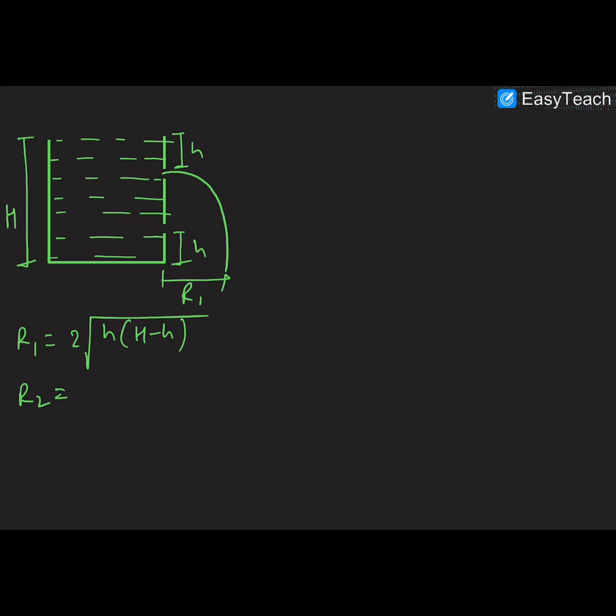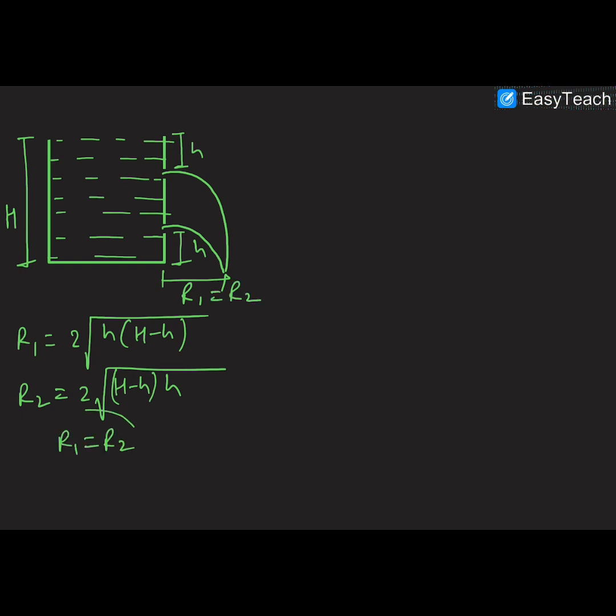So it will be 2 under root of this height, which is H minus h, and the height from the bottom will be h. So you can see that these two ranges are the same, R1 will be equal to R2.